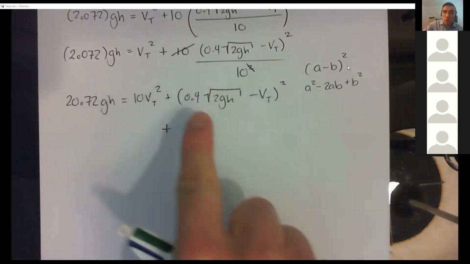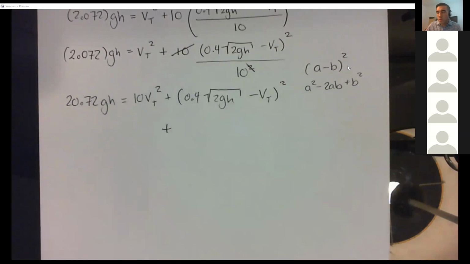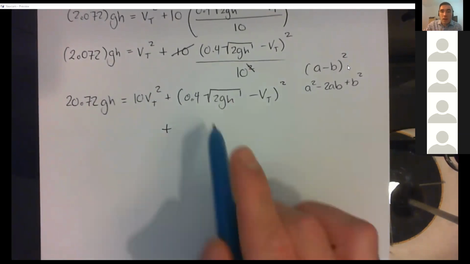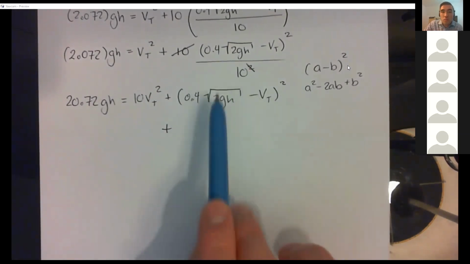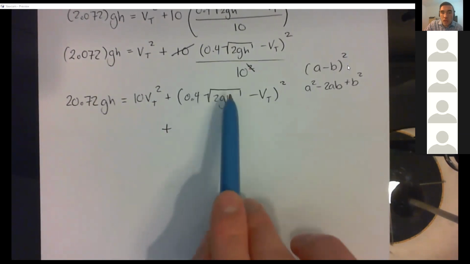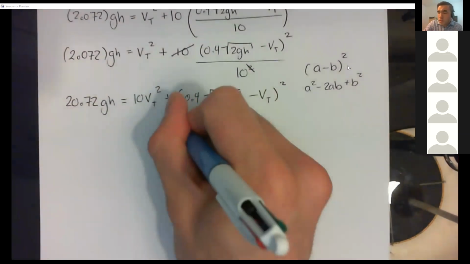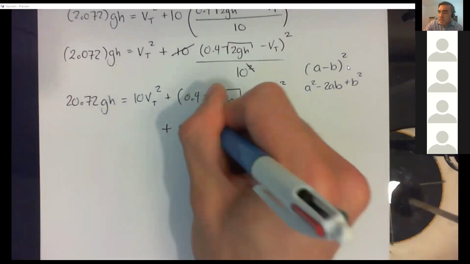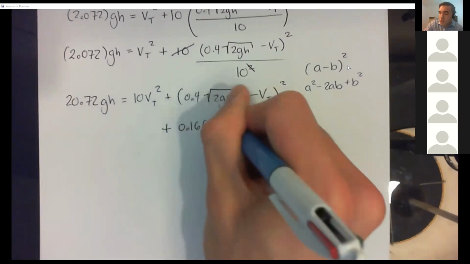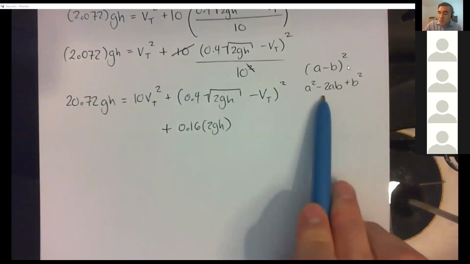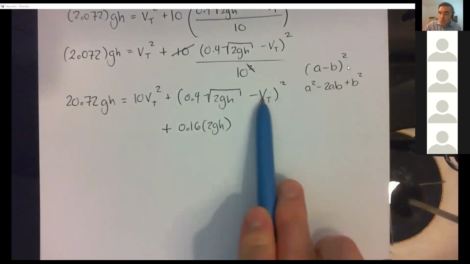So I'll square this guy out. First, we're going to take this term up front, and it gets squared. So that'll be 0.4 squared. 4 squared is 16, so it becomes 0.16. And Rachel, you were correct. When this part gets squared, it just becomes 2GH. So this squared, our equivalent of A squared, is going to be 0.16 times 2GH. And then the middle part is going to be minus 2 times the product of these.